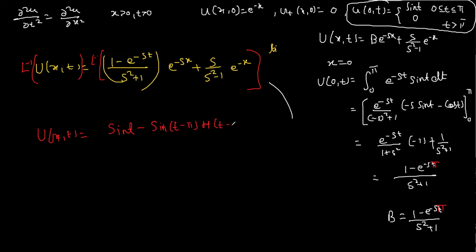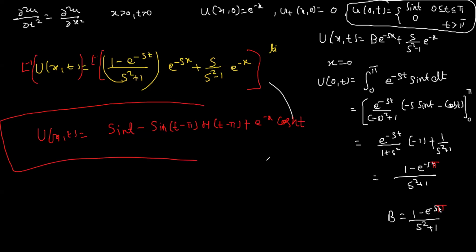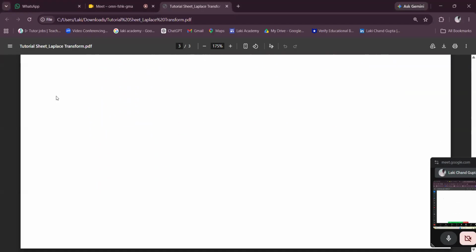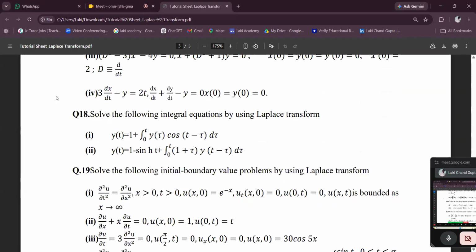Hyperbolic t minus 5. और इसका क्या हो जाएगा? ये तो कांस्टेंट है, cos hyperbolic t. This is your answer. Okay, your Laplace inverse also finished.